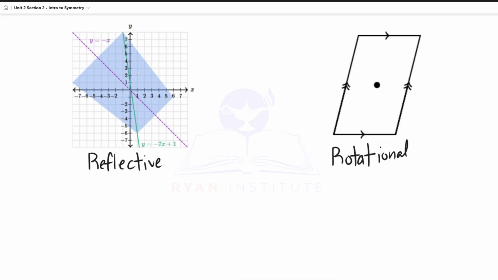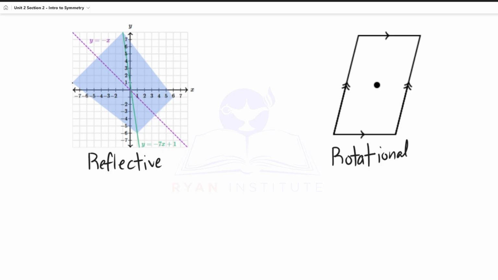So with reflective, we are given two lines of symmetry. We're given this purple line that's going diagonally across the coordinate plane, and then we're given the y x-intercept line right here. The way that the line of symmetry works is that you are going to reflect the shape across that line.